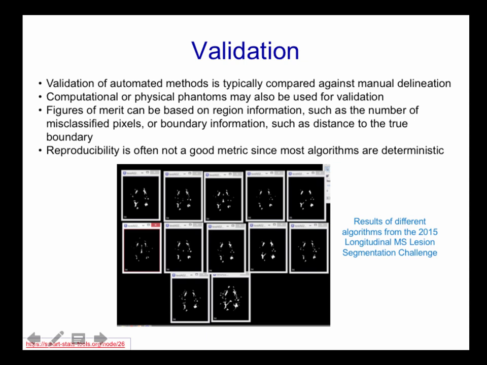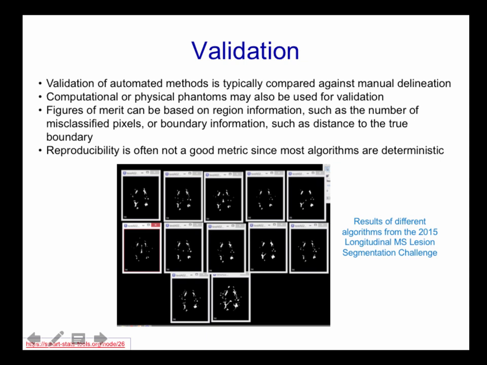So this is showing an example of several different lesion segmentation algorithms that we actually compared in a challenge that we organized. And you can see it's actually not that easy to compare these algorithms. They look very similar. So if you want to make a comparison, you need to think about what are the important outcome measures of our application?